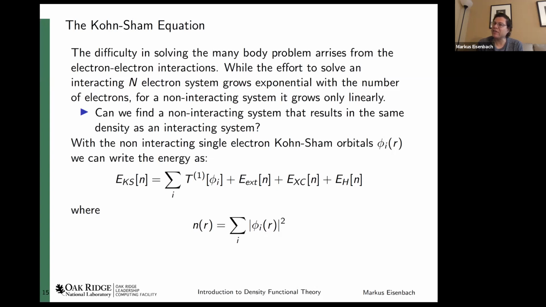We only have to find the n lowest eigenstates and stack them up in the case of fermions. So the question that is asked here is: can we find a non-interacting system that results in the same density as the interacting system?